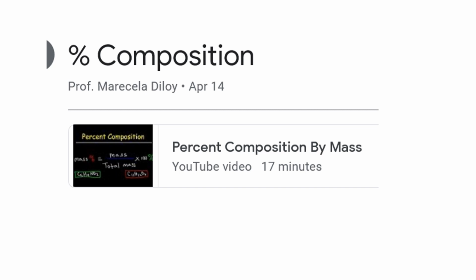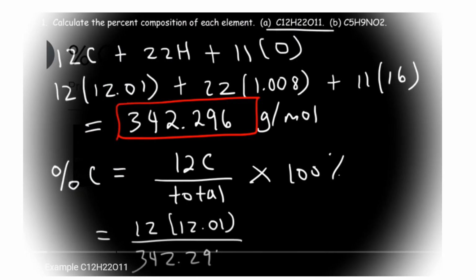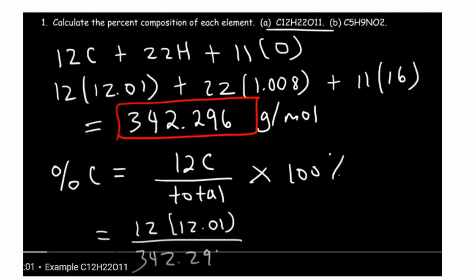Let us again recall a similar presentation in this material. This is calculation of percent composition of each element in the formula. In the first case, this is C12H22O11, which is sucrose. Kinompute dito yung percent carbon, percent hydrogen, and percent oxygen.